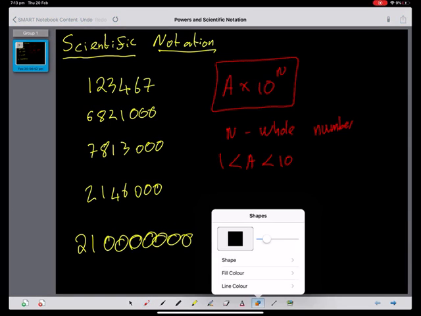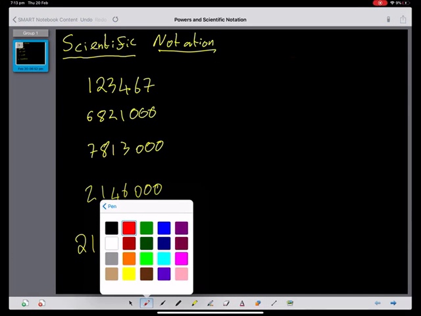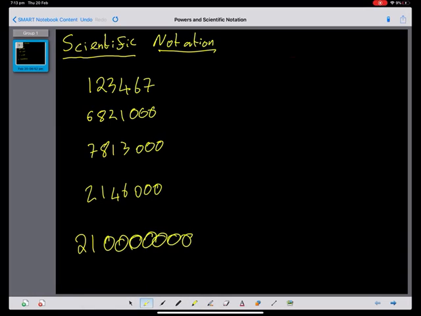So let's do that then. We can rewrite the first one as 1.23467 times 10 to the 1, 2, 3, 4, 5. And that's the answer.